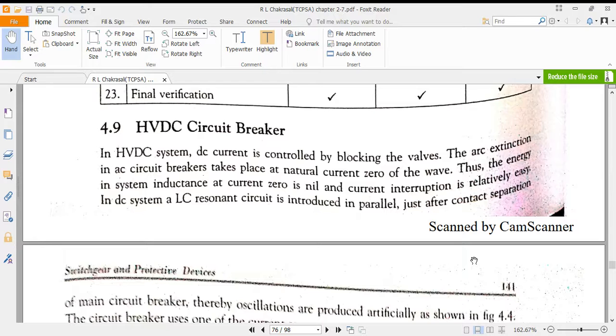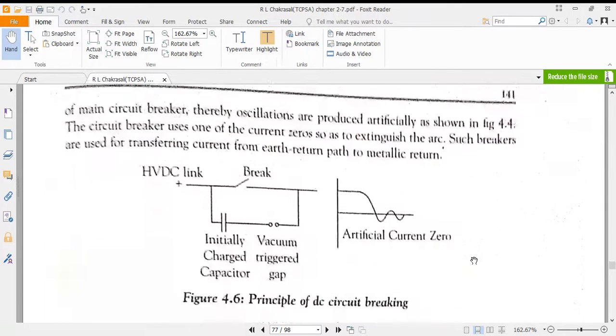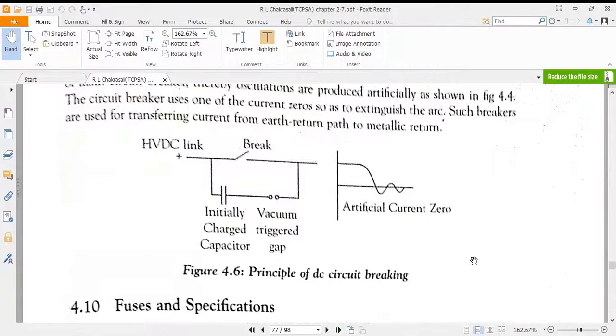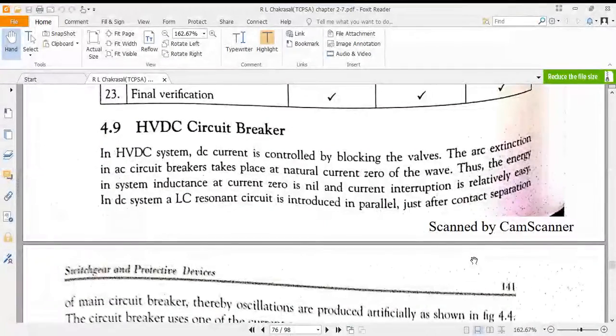Then coming to HVDC circuit breakers. High voltage DC. Most of the time we are working with AC circuit breakers, but where this high voltage circuit is there, for breaking the HV circuit, we need to have a circuit breaker.